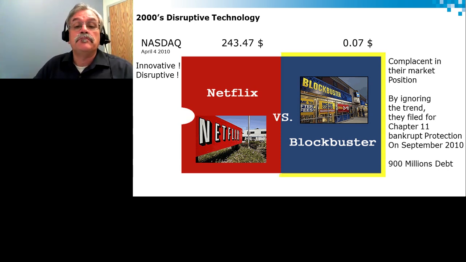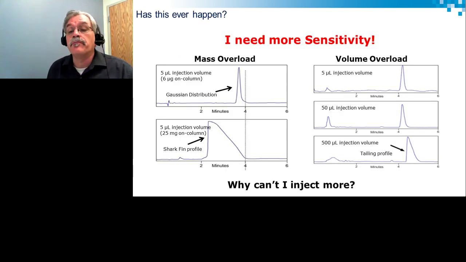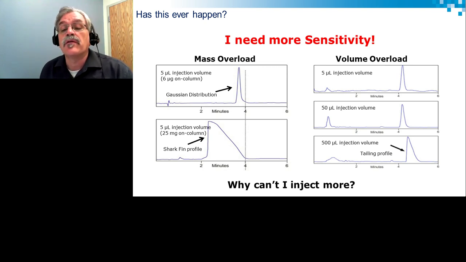Now, how does that relate to chromatography? In the next few slides, you'll see that a lot of users encounter this issue: I need more sensitivity. The problem with liquid chromatography is mass overload and volume overload.